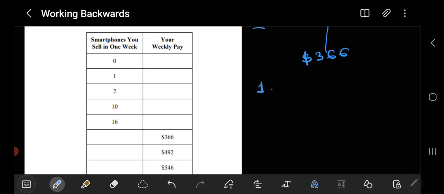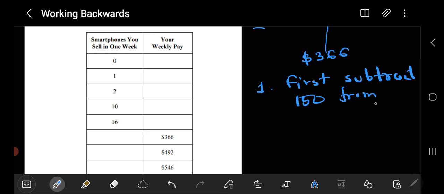So if you're working backwards, first subtract 150 from 366. So you're going to do 366 minus 150.